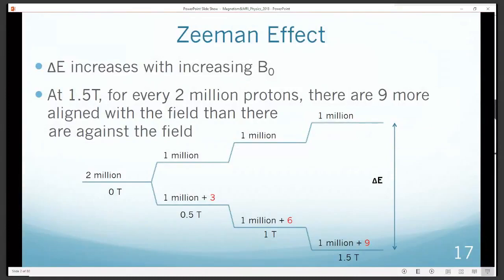So you place, say, a sample of water in a magnetic field, and there's going to be an energy difference due to a difference in the number of proton magnetic moments being aligned with or against the applied magnetic field. And the larger the magnetic field, the greater this difference is going to be, and therefore the greater the energy difference is going to be between the two states. So you go from 0.5 to 1 Tesla to 1.5 Tesla. The energy difference between the two nuclear states increases proportionally.